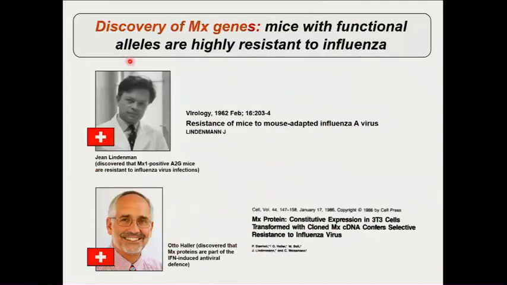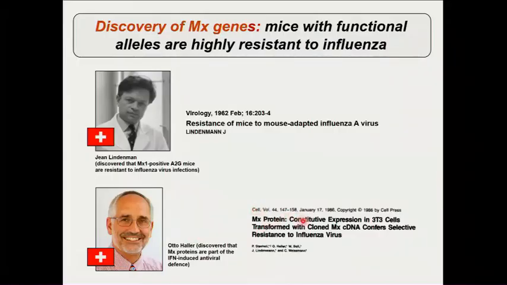Okay, so a little bit on the history of MX proteins. As I said, these make carriers highly resistant to influenza. That was discovered by a guy called Jean Lindenmann, and he published a paper on the resistance of mice to mouse-adapted influenza virus. And this guy here, Otto Haller, got a paper in Cell, and I told you that Cell is a very important journal.